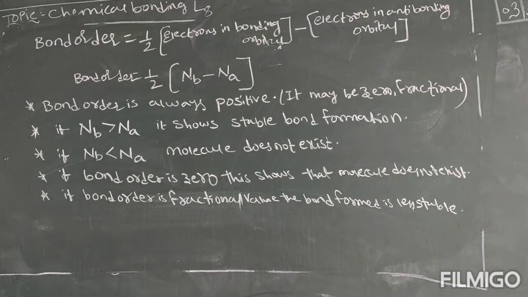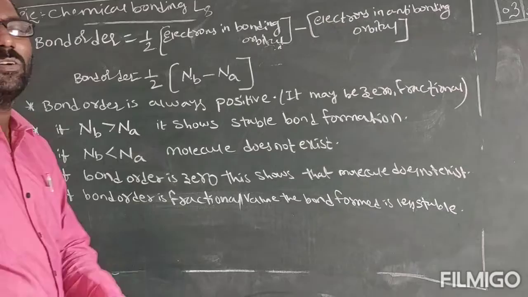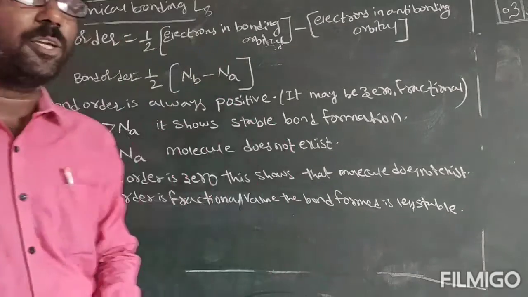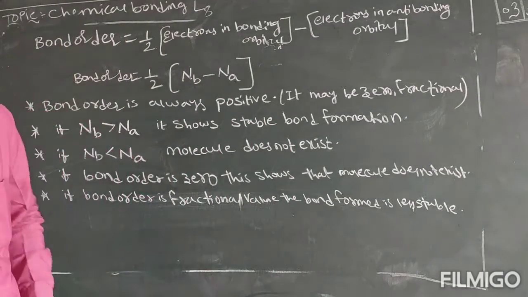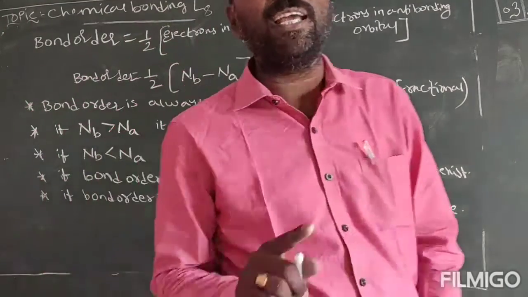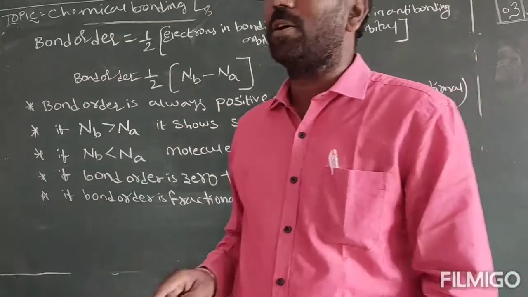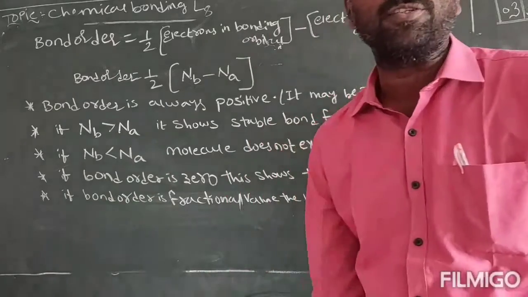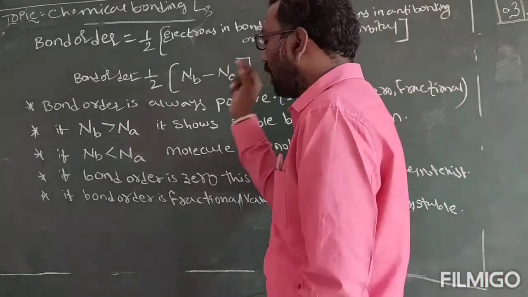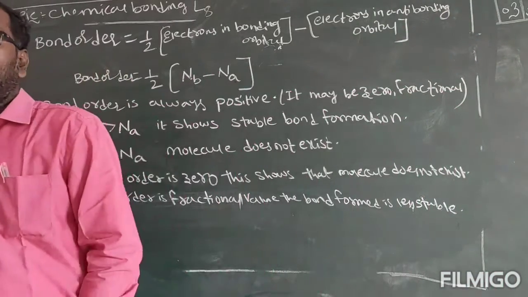Bond order will decide the stability of the molecule. The most important condition is that you have to be able to identify how many electrons are present in the bonding orbital and how many electrons are present in the anti-bonding orbital.